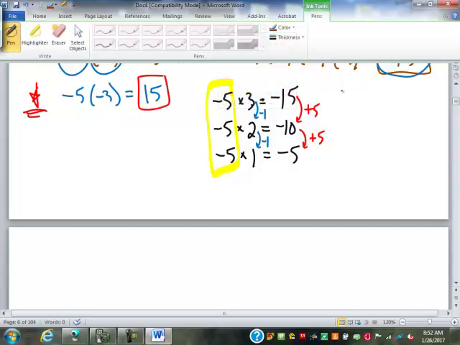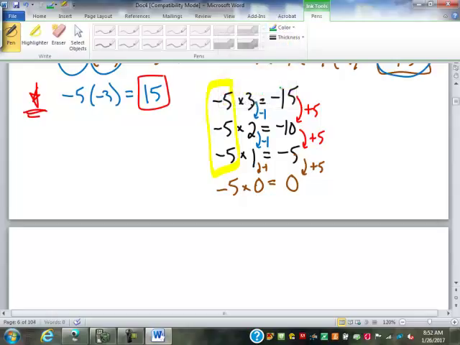So let's take the next step and see if this pattern continues. I'm going to keep this negative 5. What has to go here? 0. If I'm reducing by 1, 1 minus 1 is 0. Negative 5 times 0 is 0. Anything times 0 is 0. Did the pattern keep going here? Yeah, negative 5 plus 5 is 0.